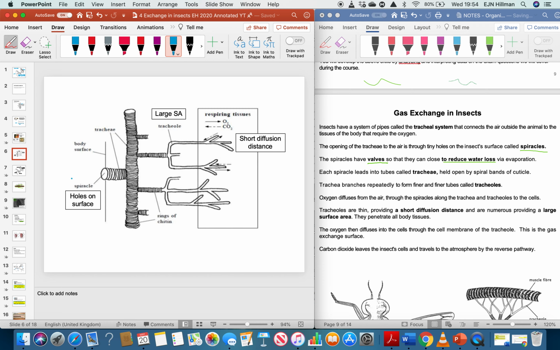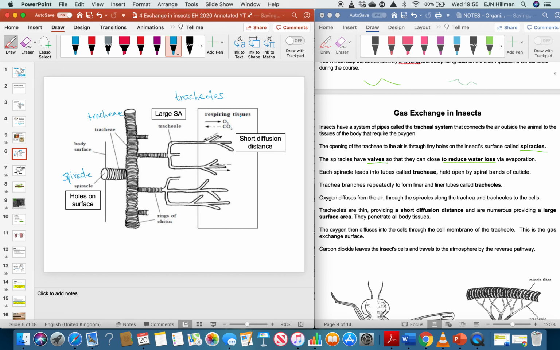So at the surface, here we can see, I don't know if you can see that on the video, this is the spiracle on the surface. The spiracle branches into what's known as the trachea. The trachea are the larger branches of these tubes, and they continue to branch until eventually they become very fine tubes called tracheoles.